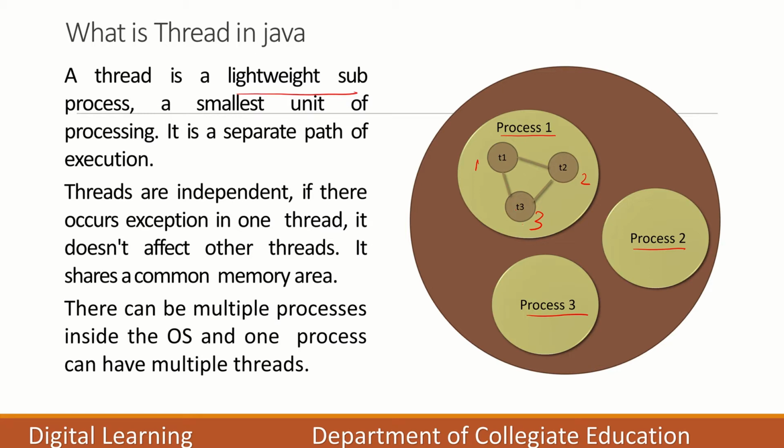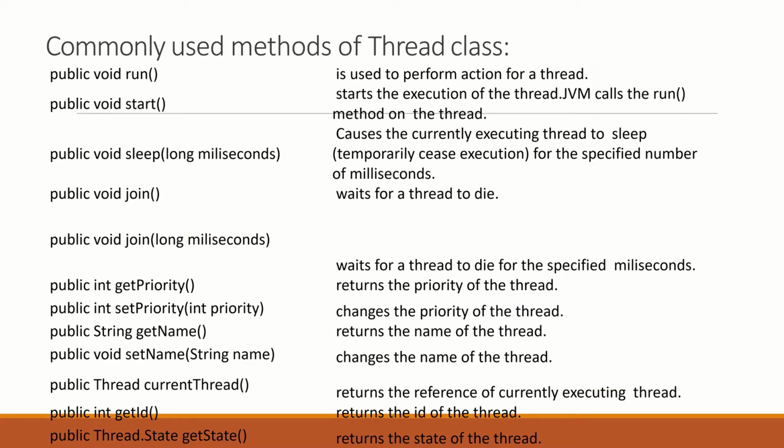This we call multi-threading, and each thread is independent of the others. One is not going to affect the other, and they share a common memory area. So just like a process in the operating system, threads can also be implemented in your system.